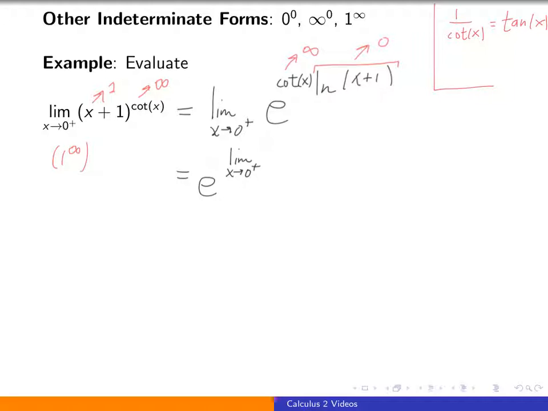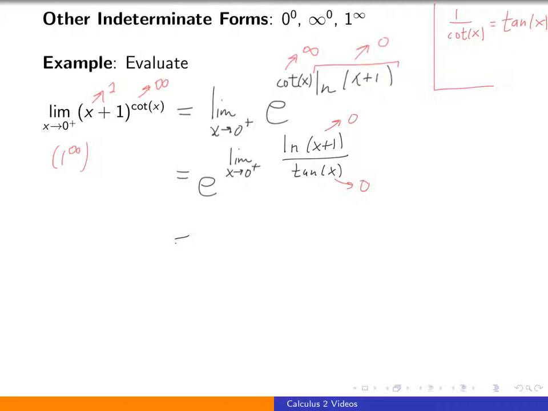So we can rewrite this as ln of x plus 1 divided by tangent. And now as x goes to 0 from the right, ln of x plus 1 still goes to 0, and tangent of x also goes to 0.